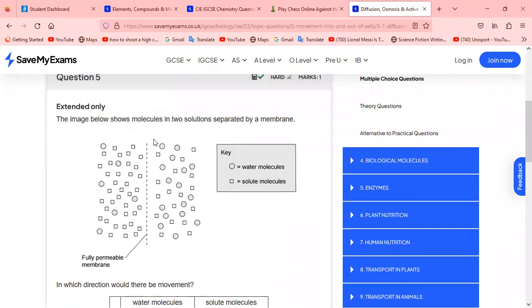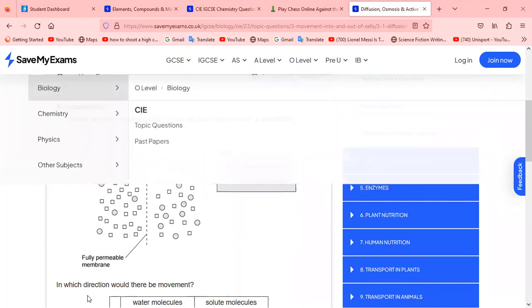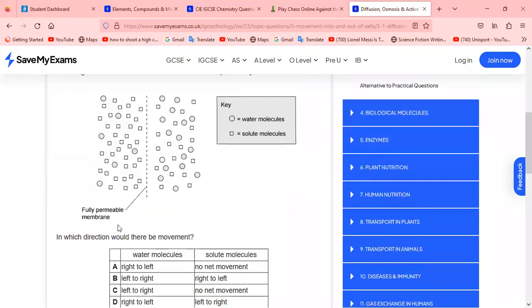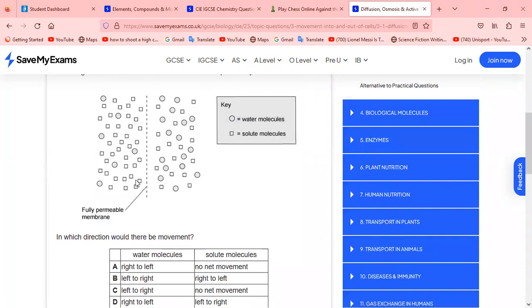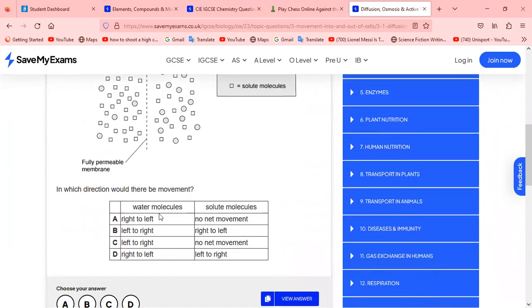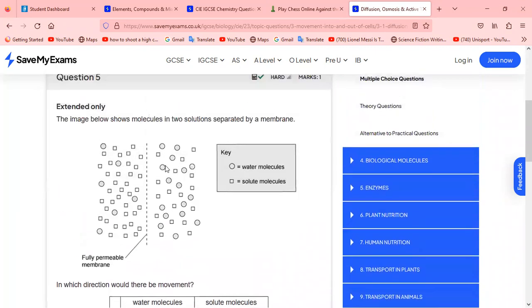The image below shows the molecules in two solutions separated by a membrane. Okay, since there's a fully permeable membrane, I think osmosis will take place here. No, osmosis is through a partially permeable membrane. Okay, it says fully permeable, so makes sense. In which direction would there be movement? Water molecules from right to left.